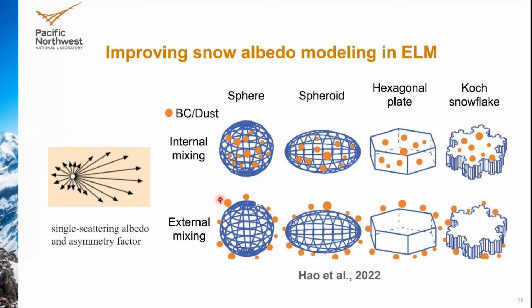In order to answer this question, we first improve the snow albedo model, the SNICAR model in ELM, by accounting for four snow grain shapes: sphere, spheroid, hexagonal, and the Koch snowflake. We also account for the internal mixing and external mixing, inside the snow grain and outside the snow grain.